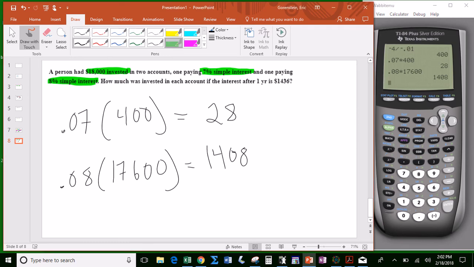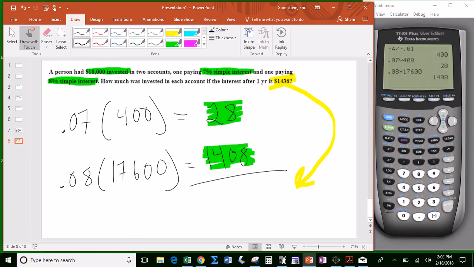So interest coming from the first account is 28 bucks. Interest coming from the second account, 1,408 bucks. And when you add these two numbers together, you get exactly what you're supposed to get. You get the 1436. So this one checks out. Looks good.